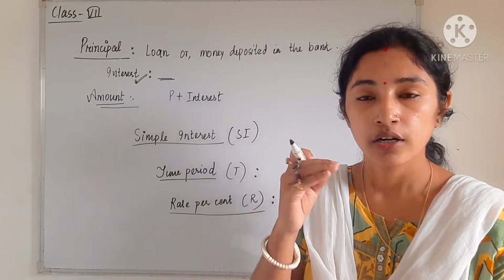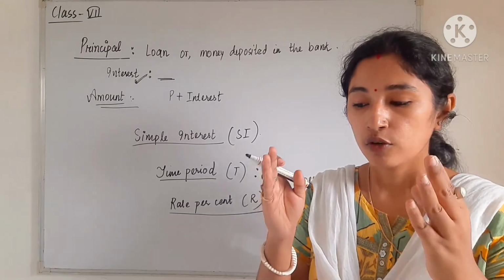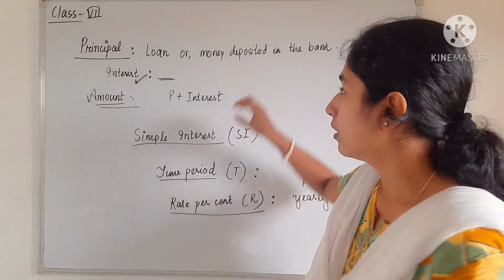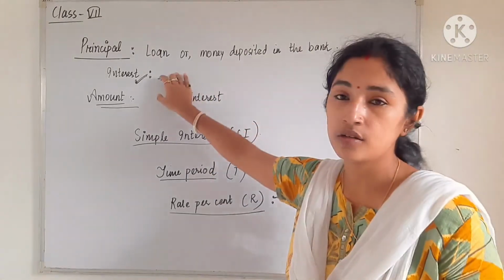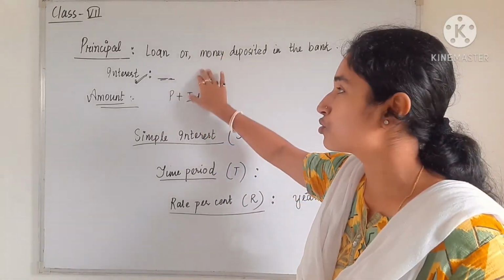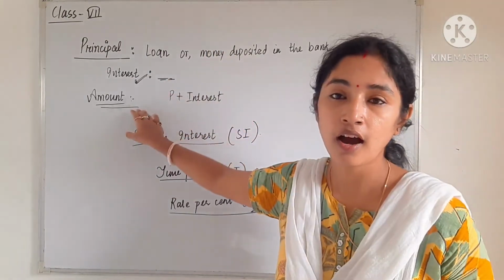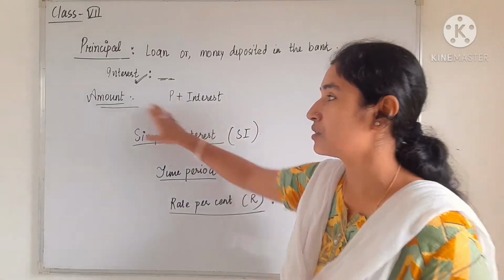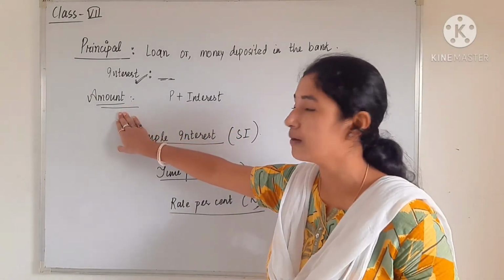If you deposit the money in the bank, then for a certain period of time an interest will be added to the principal amount, that is called the interest amount. After adding these two, we get the amount back after the time period, and that is principal plus interest. Principal plus interest will be our amount.